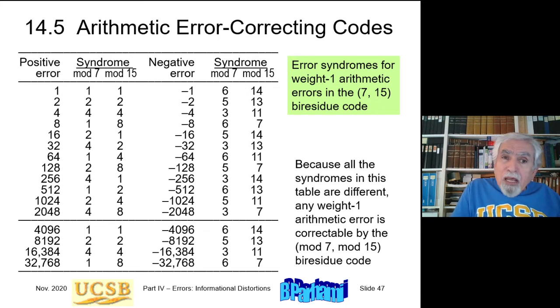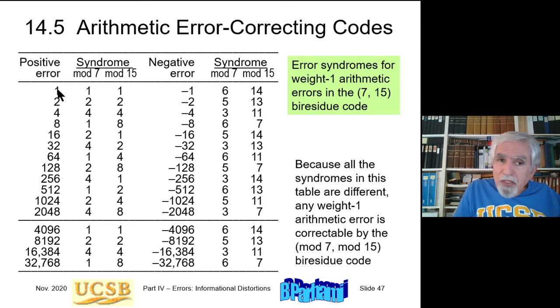Okay? Now if we use for these 12 bits of data 2 modular checks, modulo 7 residue and modulo 15 residue, then an error that is 1 in magnitude adds 1 to the modulo 7 and 1 to the modulo 15. In other words, the data word has a particular residue here.